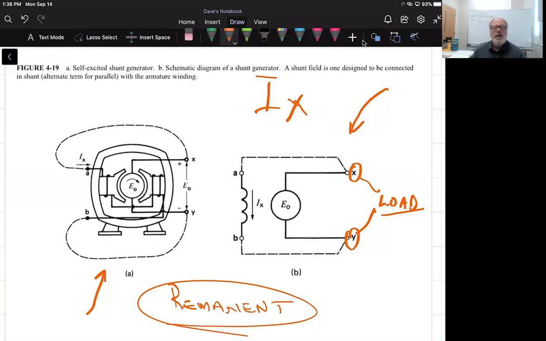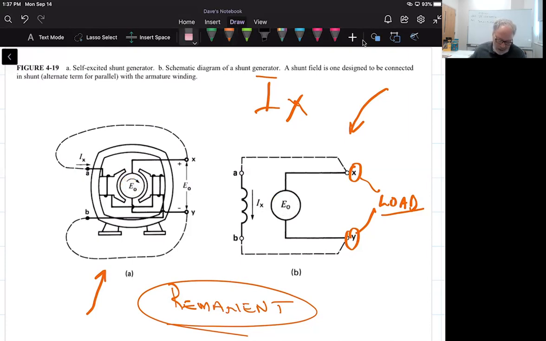It could have been exposed to an electrical current, or sometimes you can even just physically strike a metal rod, and it will realign the atomic structure of the ferromagnetic material and it becomes a permanent magnet. But just think about this: the armature has some remnant flux. It's just there, this leftover flux.